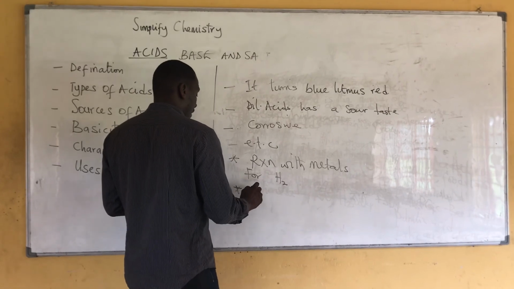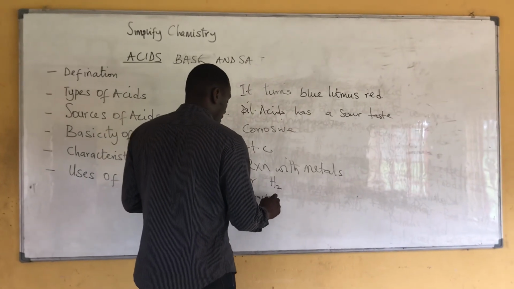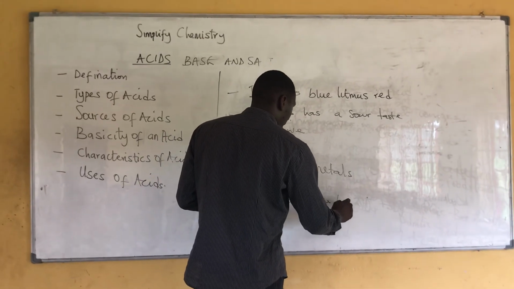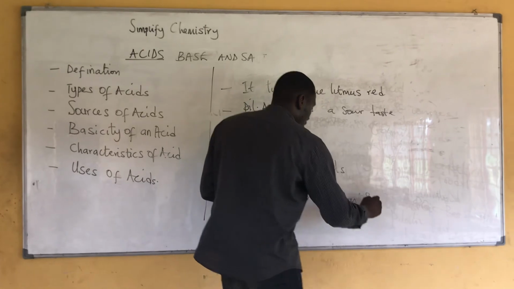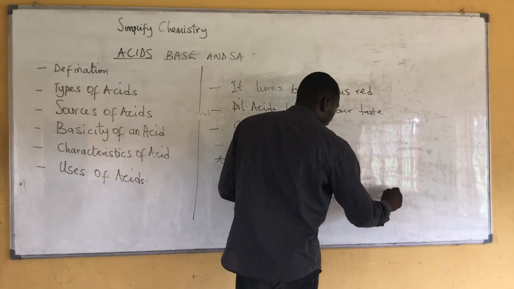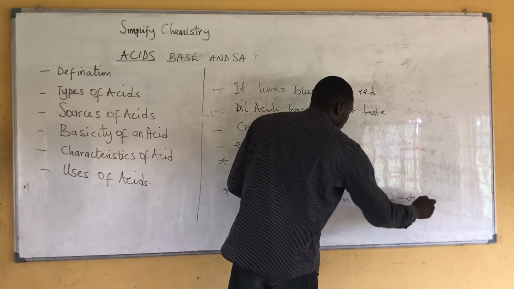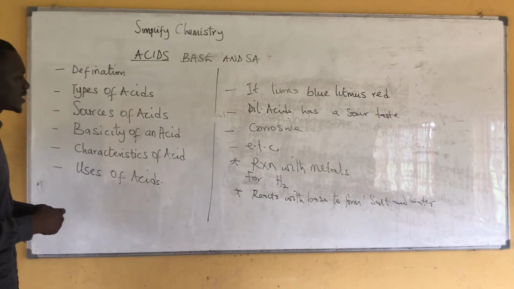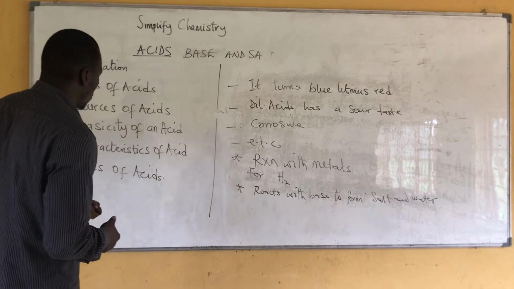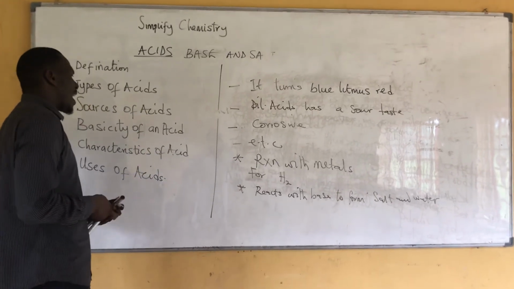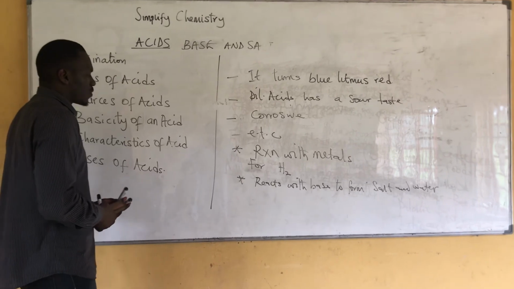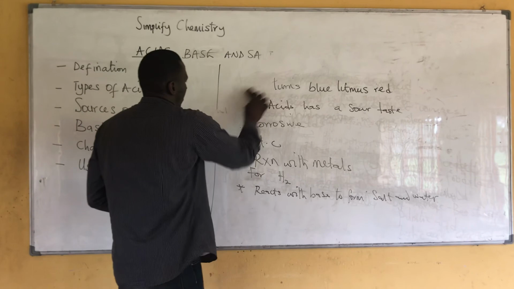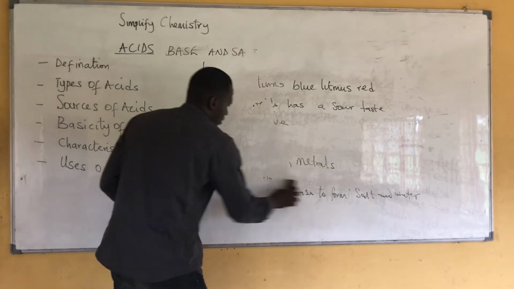An acid reacts with a base to form salt and water only. It's a neutralization reaction, and so on, which we can always get in our good textbooks. Then we have many good uses of acids, both domestic and in industry.